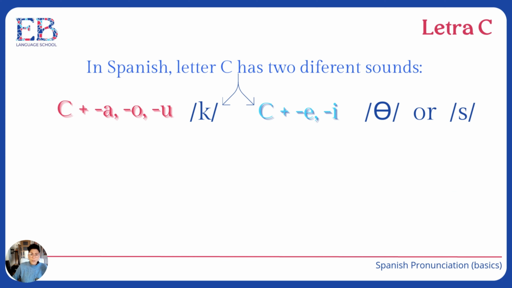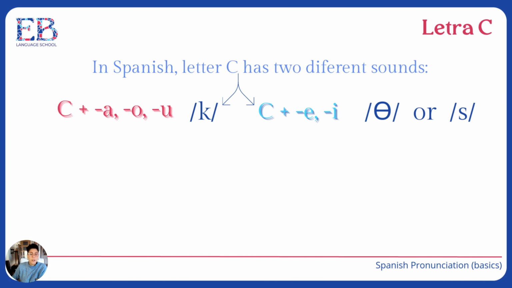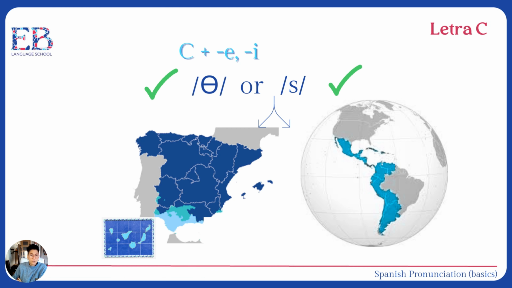But we still have this th or s. Why is that? A brief introduction to Spanish history. Do you remember that guy who pretended to reach India, but somehow he ended up in America? Yeah, Christopher Columbus. So he departed.